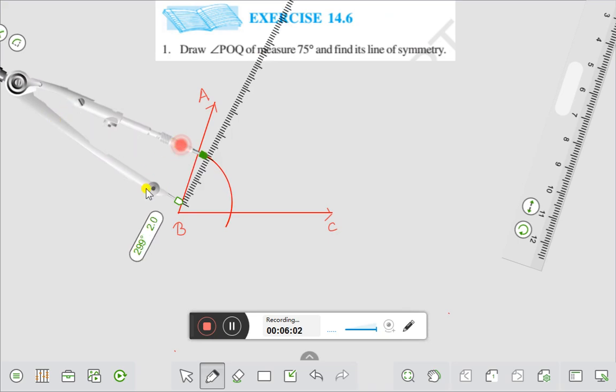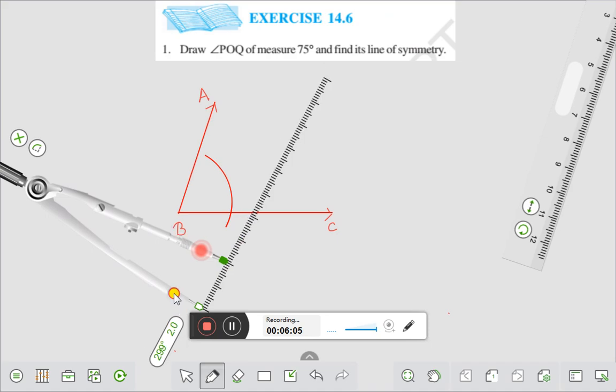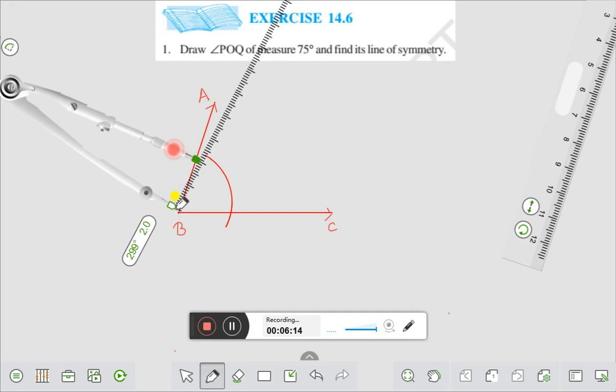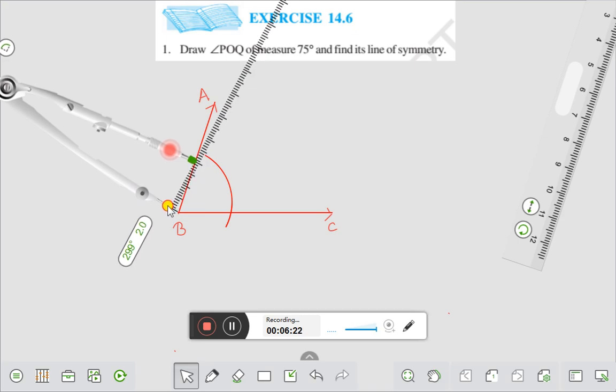Again put the pointer here, make an arc. Let us take the pointer here and make an arc.